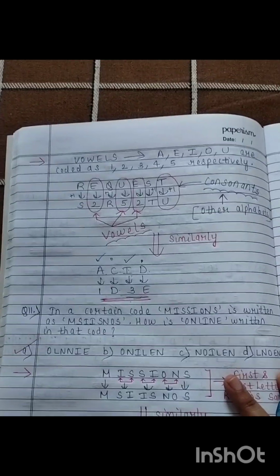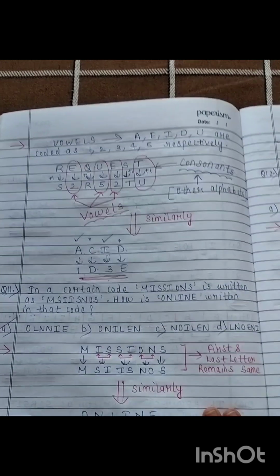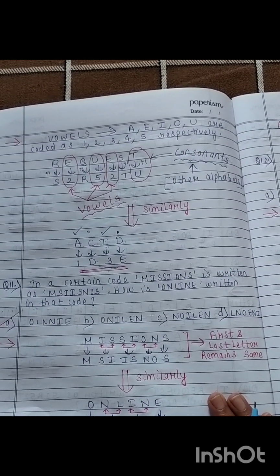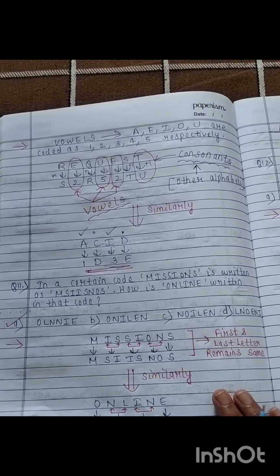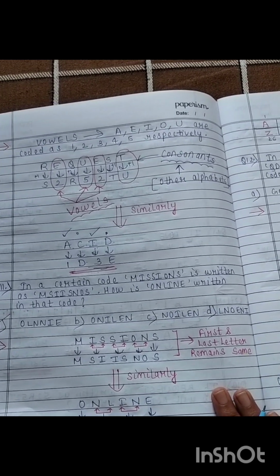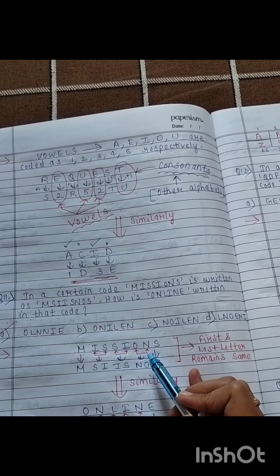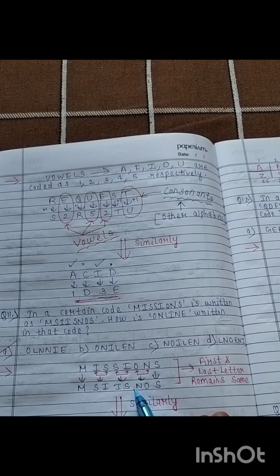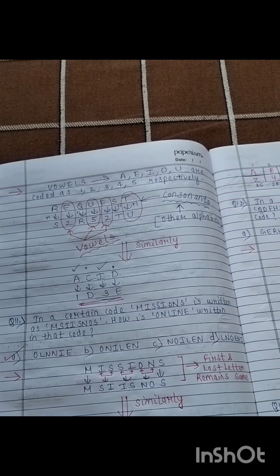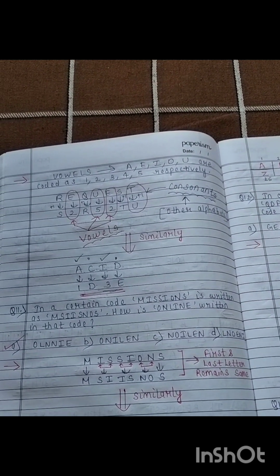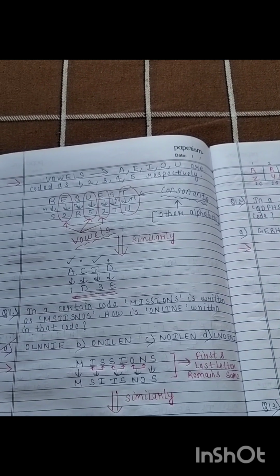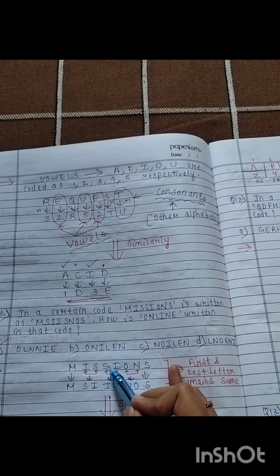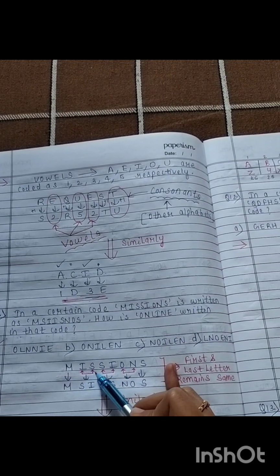So we'll go to the next type of question. In a certain code, MISSIONS is written as this. How is ONLINE written in that code? Four options are given to you. First write MISSIONS and the coded part they have given. What they have done is that only the first and the last letter in the word remain the same. For all the other letters, they have interchanged the pairs.